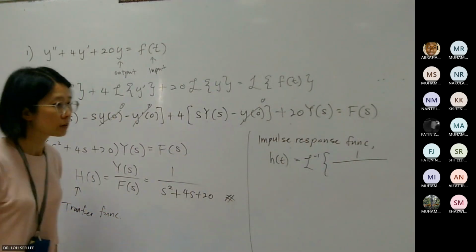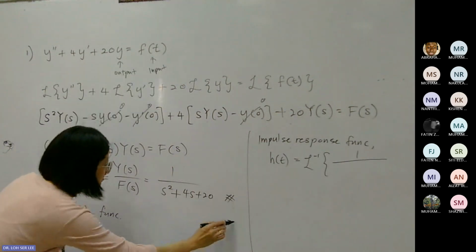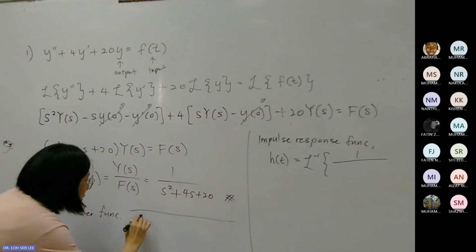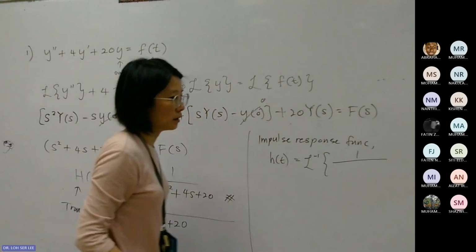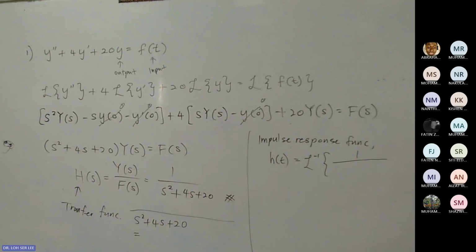Write it down here: s squared plus 4s plus 20. You complete the square for the function.